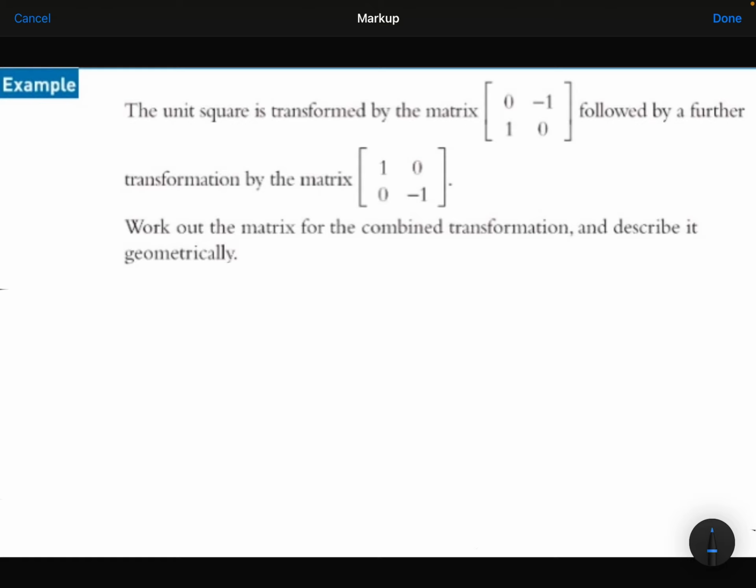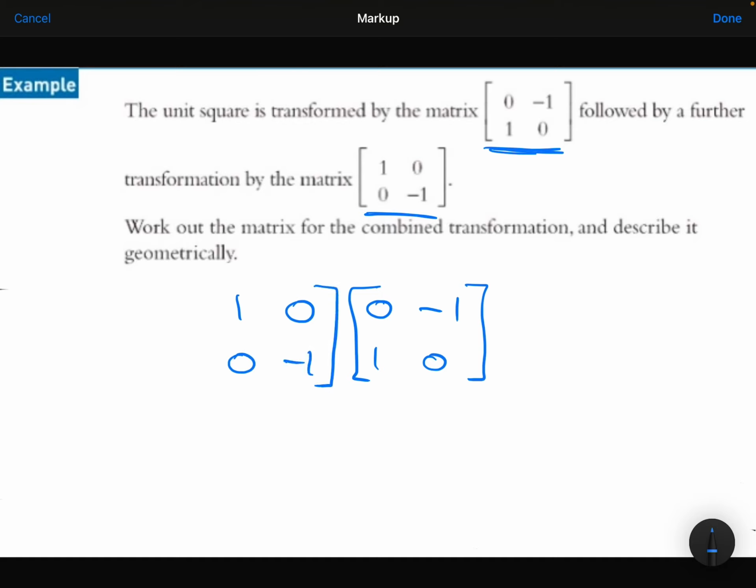Work out the matrix for the combined transformation and describe it geometrically. So this is the matrix that happens first. And then this is the matrix that happens afterwards, so I have to write that in front. Let's multiply those together then.